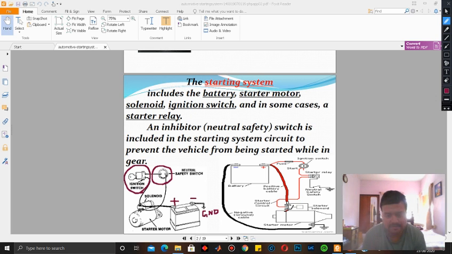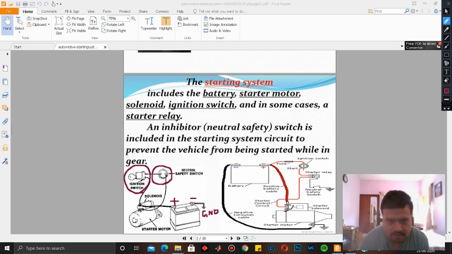Now the battery is used to power the starter motor, and the starter motor is connected to the neutral safety switch and the ignition switch, as we can see.